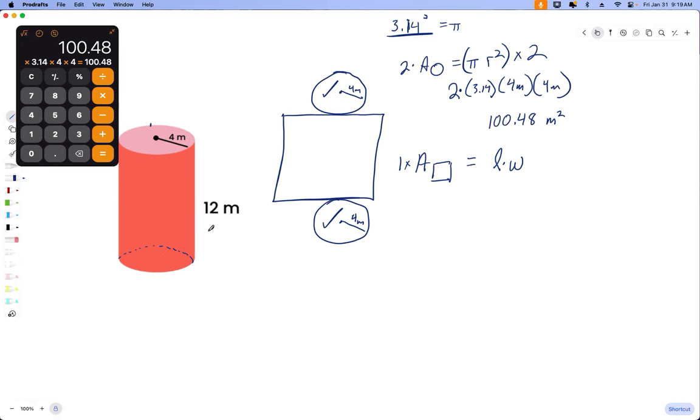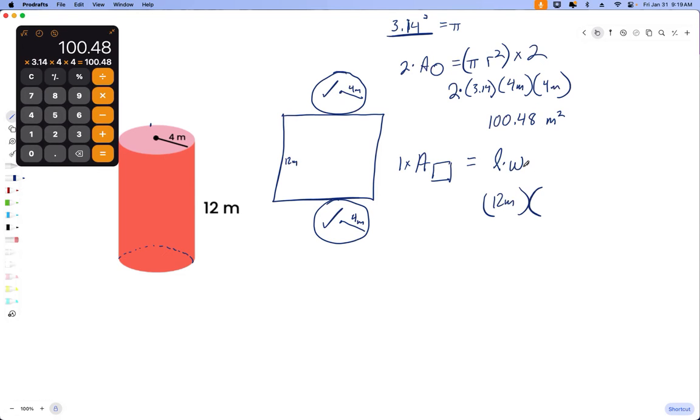Well, we know that 12 meters is how tall it is. That's one of the measures that we need. The other measure is the other direction, the width. We have the height, now we need the width. You only have to have 2 measurements. So this measurement is 12 meters.